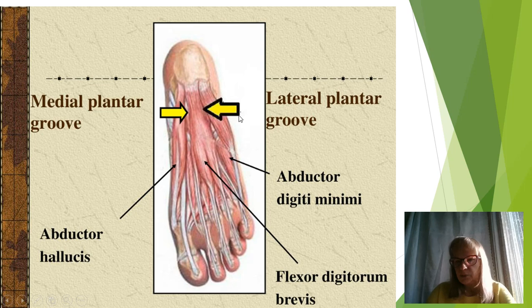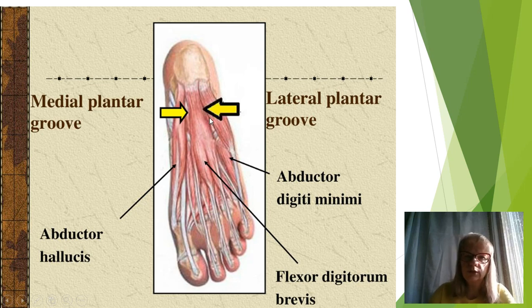So, in some minutes we will finish our lecture on the foot, on the plantar surface. Besides the flexor digitorum brevis, we also have two grooves. One is the medial plantar groove, the second the lateral plantar groove.